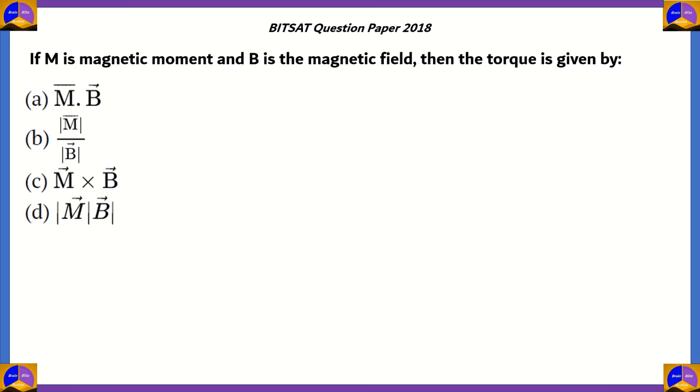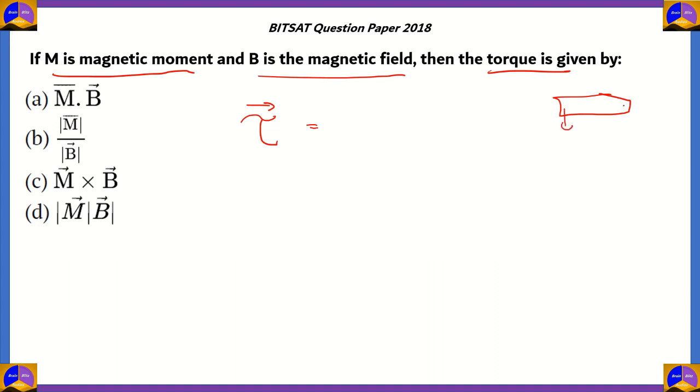Let's look at this question. If M is the magnetic moment and B is the magnetic field of an object, then find the torque. Now, the torque of the magnetic field is expressed when there is a couple acting on the magnet. The magnetic moment is acting one way and the magnetic field is acting another way.